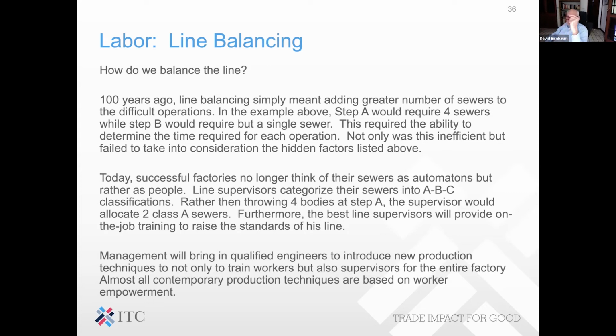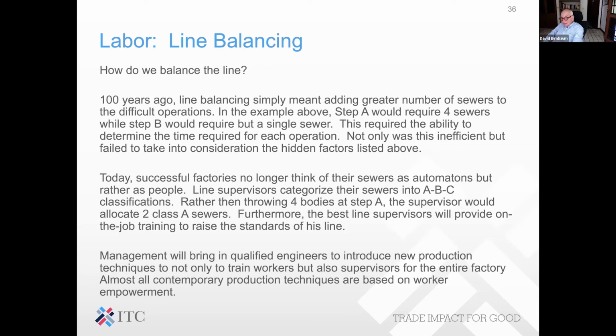The best line supervisor knows his people. So rather than put 4 people on A, he'll put 2 Class A sewers on A. The line is balanced, more efficient. Furthermore, there are great line supervisors who will spend time training the sewers.